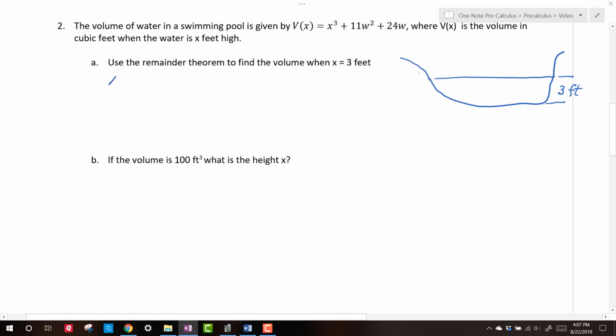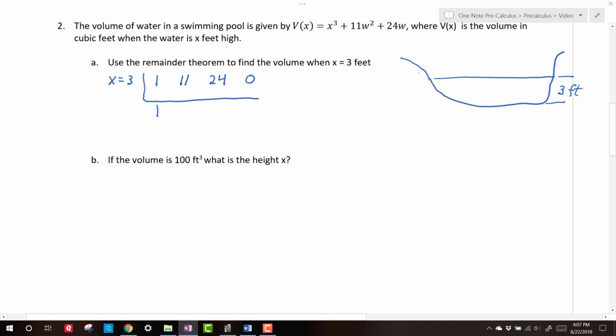So when x is equal to 3, the remainder theorem here shouldn't be too bad because my first coefficient's 1, then 11, then 24, and notice I don't have a constant term, so I need to put in a 0 for the constant term this time.